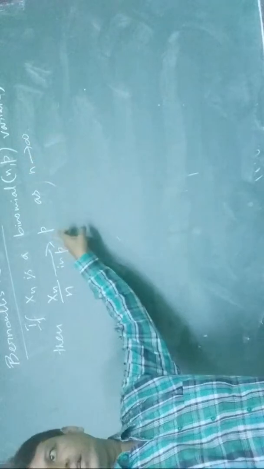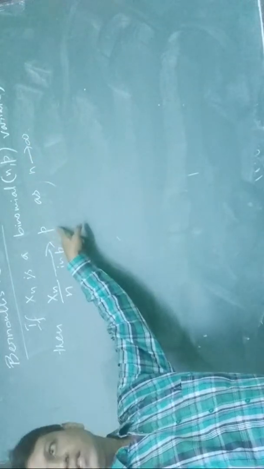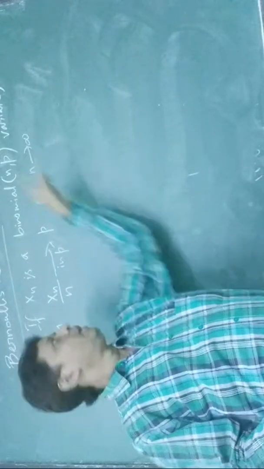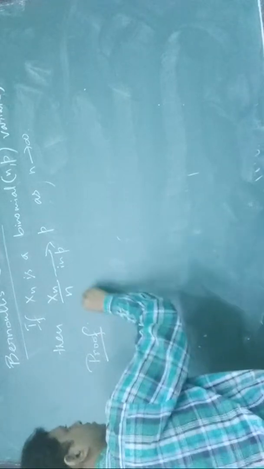Now there are two notations, these two are different actually. This p is the parameter of the binomial distribution and this p denotes in p, in probability. They are not the same. So let us prove this. This is your Bernoulli's theorem.